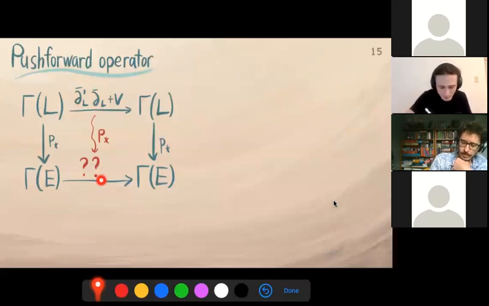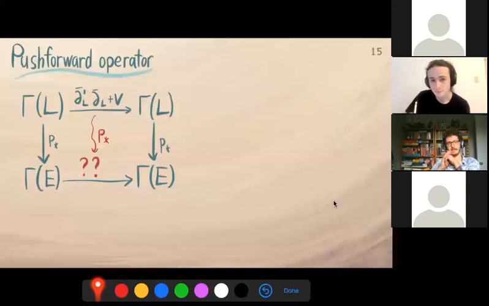So is there some operator we can put at the bottom where basically the spectrum of this operator tells us exactly the spectrum that we want? Basically, we want a push forward operator, right? Because the push forward operation takes sections of the line bundle to sections of the corresponding vector bundle. And we just want to find the thing that makes this diagram commute.